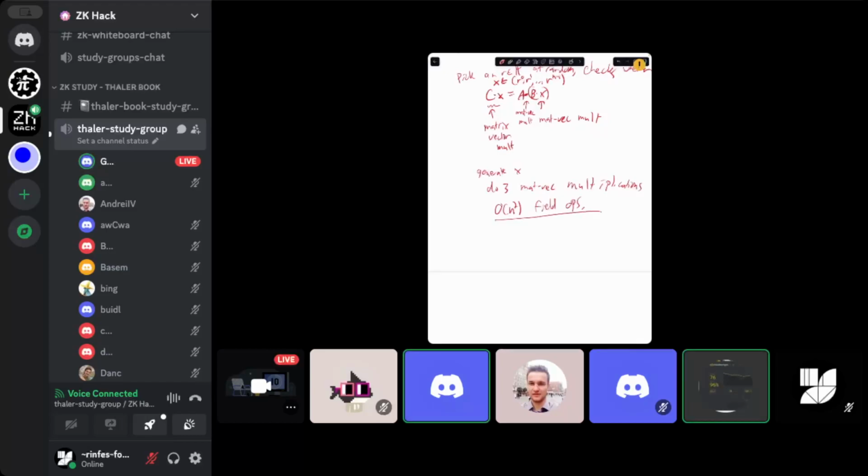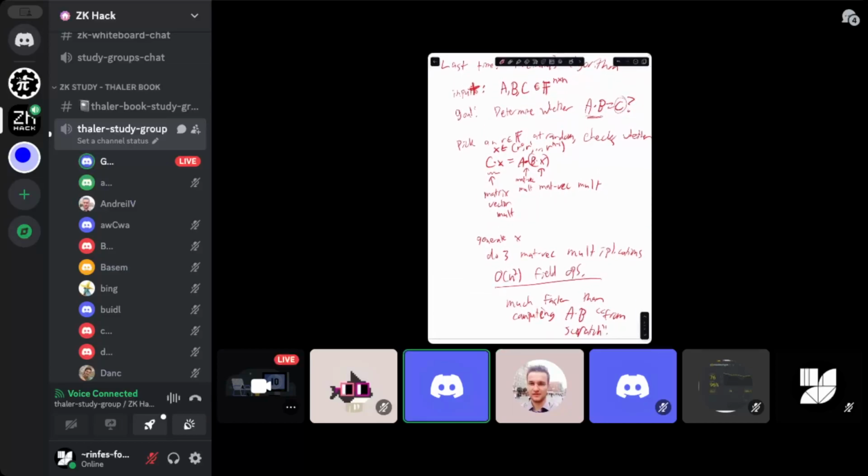And so note that this is much faster than computing A times B explicitly, from scratch. Okay. Right. So if this algorithm did not have access at all to an untrusted prover and it wanted to know A times B, it would have to compute A times B on its own.